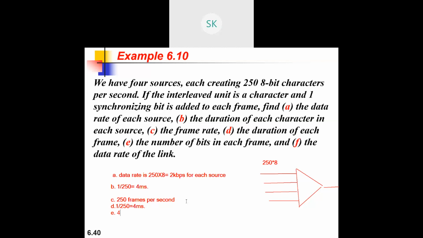Next, the duration of each character in each source. 250 characters per second is what the source is sending. So the answer for B is 1 divided by 250, which will be 4 milliseconds.